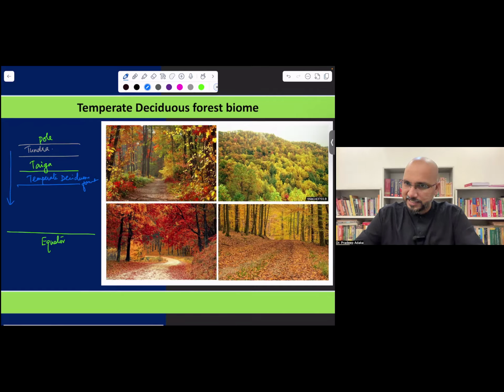For us, the condition is reverse: due to high temperatures, high transpiration rate. Here there is snowfall, but in our case the condition is reverse. Because of high temperatures, high evaporation rate, there is leaf shedding. In our case, generally we have leaf shedding during the summer.